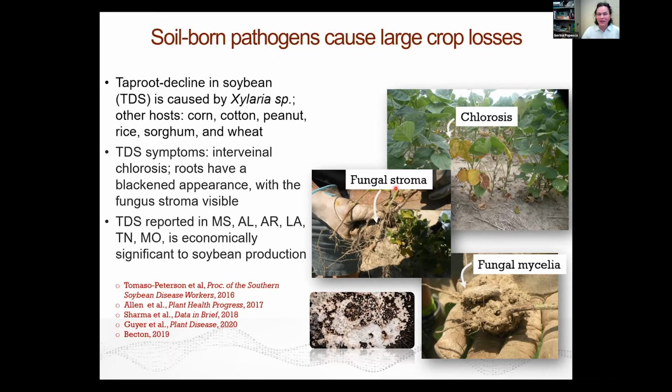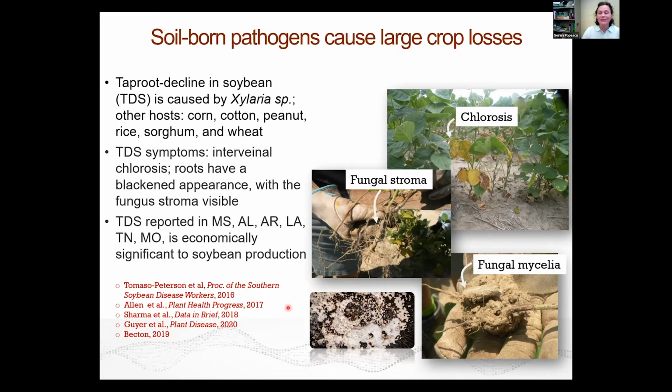You can see sometimes fungal stroma growing in the root of the soybean plant. Fungal mycelium present in the soil around the roots, and eventually the roots become black. And in extreme cases, the plants die. And this is how Xylaria looks when you grow it in the lab on a Petri dish. It has this blackened appearance with white mycelium.